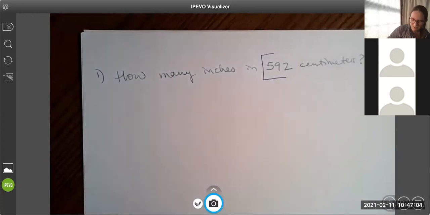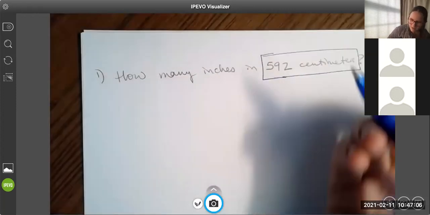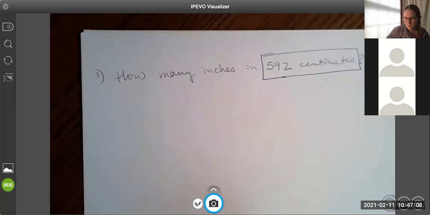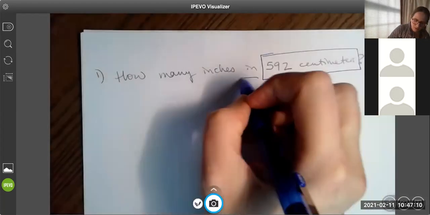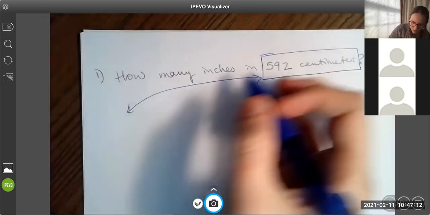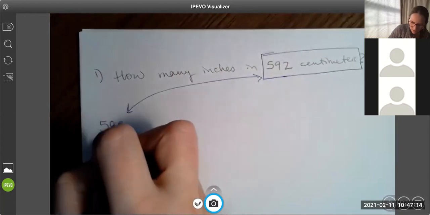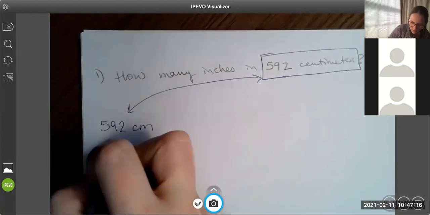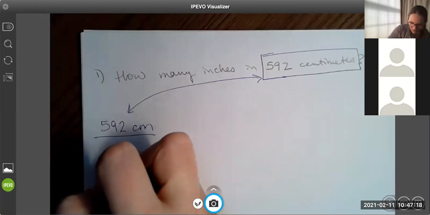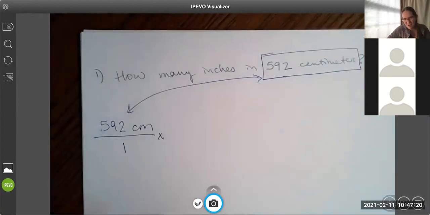Centimeter. And that will go into our start spot. Starting things always over one.